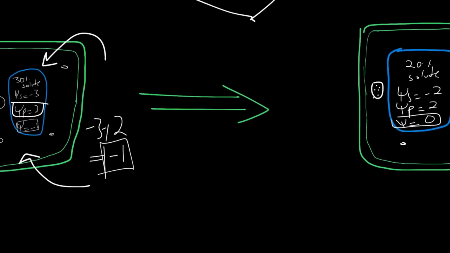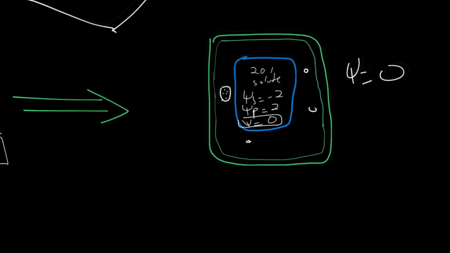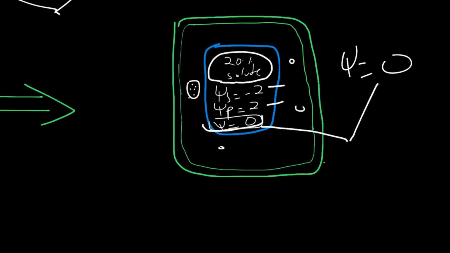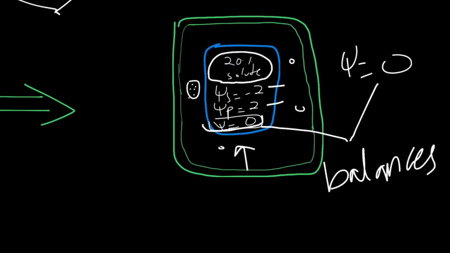So when the water comes inside, this is what happens. The solute is balanced out, and it's 20% solute. As a result, the solute potential is -2, the pressure potential is 2, and the water potential becomes 0. So this is 0 and this is 0. It's balanced out because of the pressure potential applied by the walls and the turgor pressure applied by the vacuole on the walls.